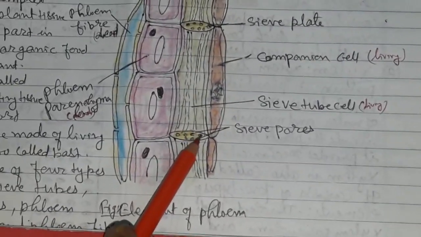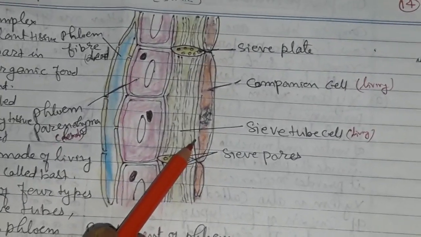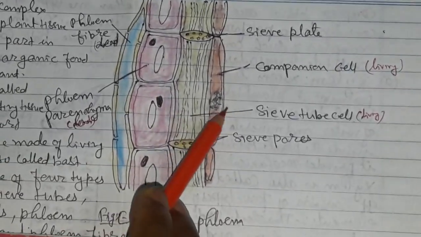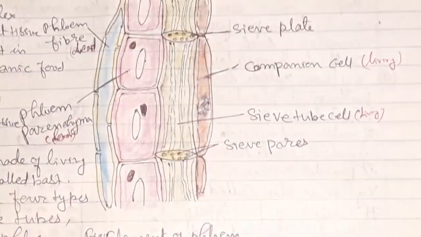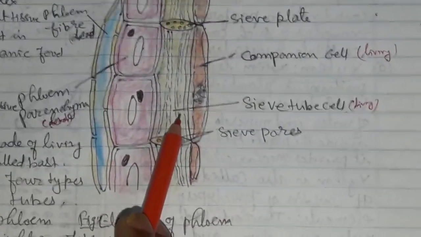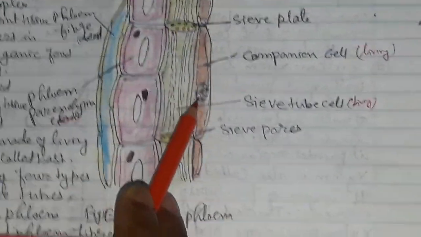The cells have dense cytoplasm. इसके अंदर cytoplasm dense होता है, and there is a prominent nucleus. They maintain a proper pressure gradient in the sieve tube cells for conduction of the food.